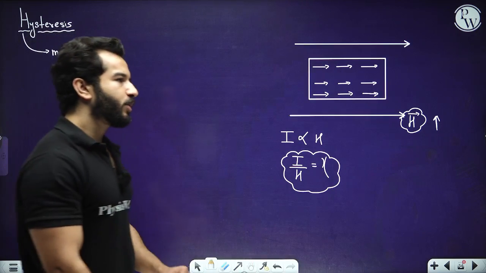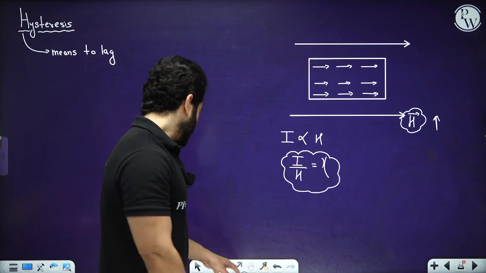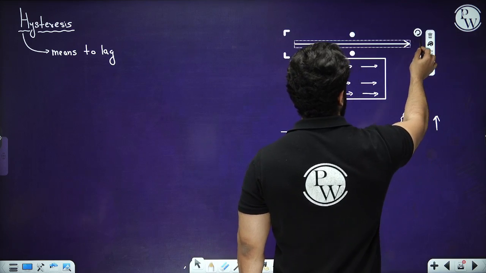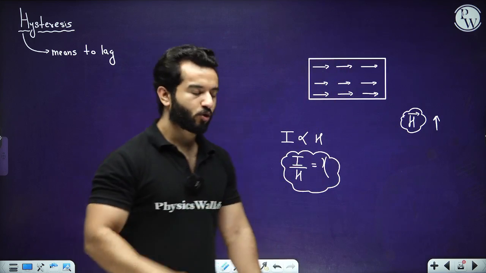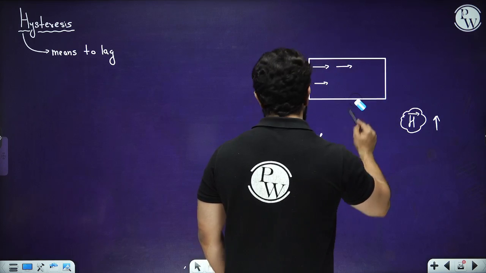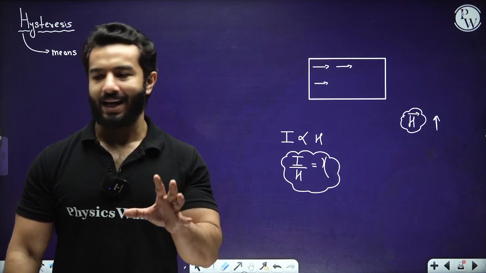Now let's suppose we want to demagnetize it. What we'll do is start removing the field, and we'll see that after removing it, we were only able to remove some of the magnetization.